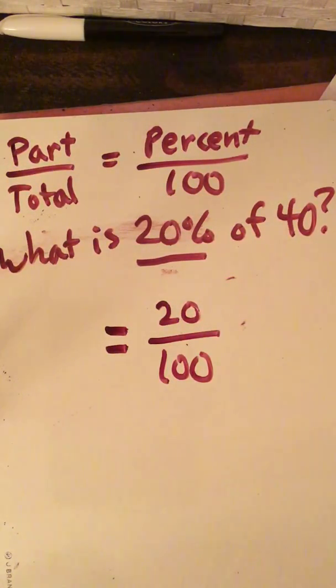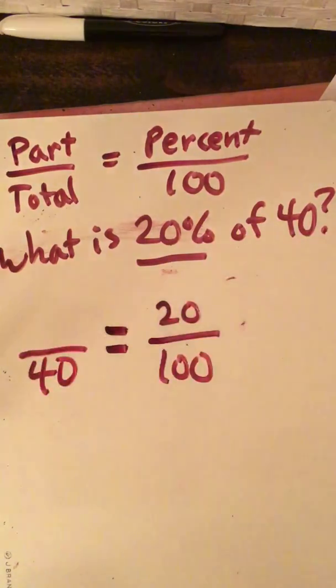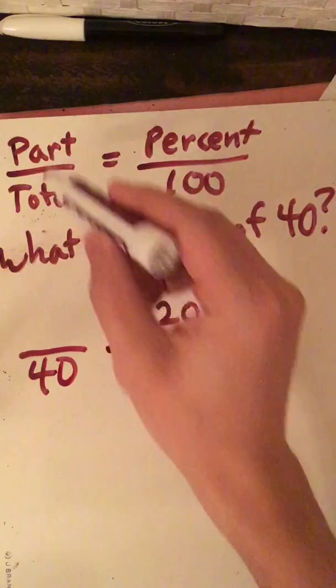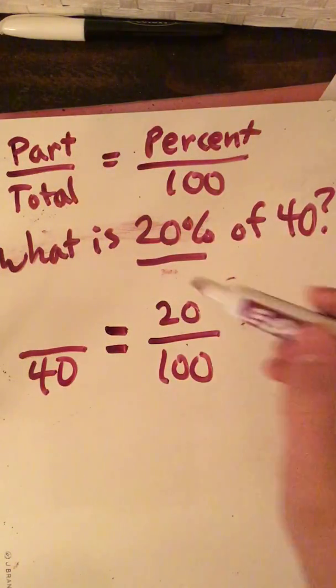Okay. And then we have a part over a total. Now we know the total is 40, so we're going to put that at the bottom. And then what we're trying to figure out is what part represents 20% of 40.